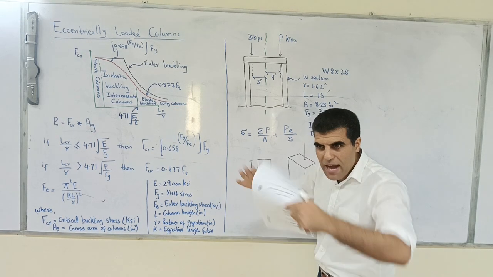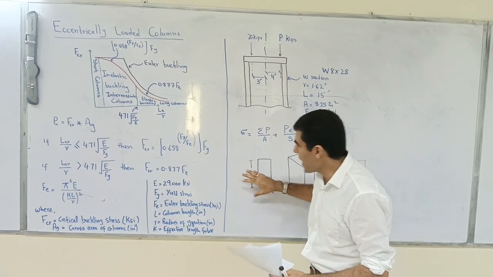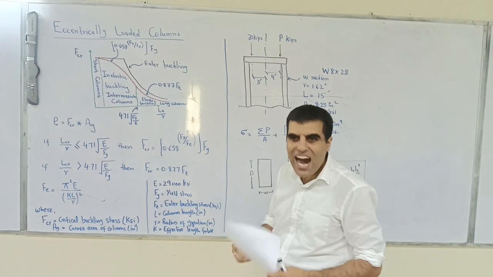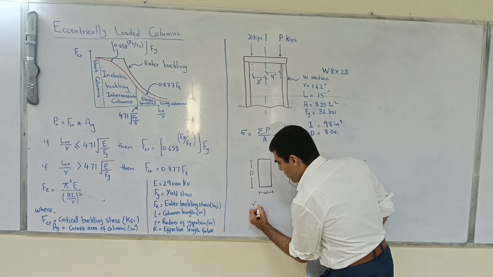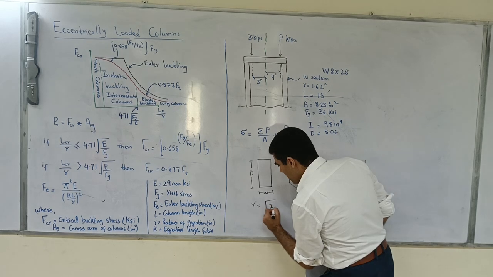So we combine both the dimensions in the form of R, and R is actually the square root of I by A, a mathematical term.